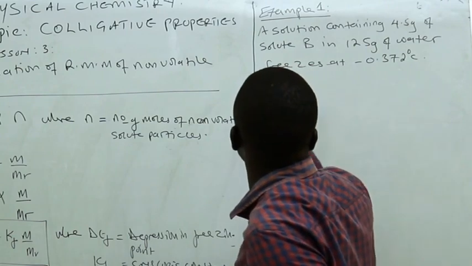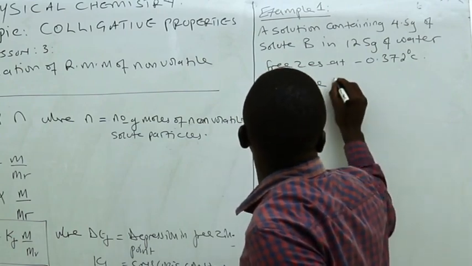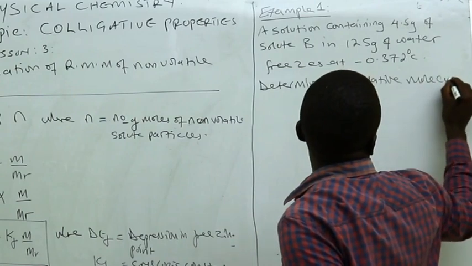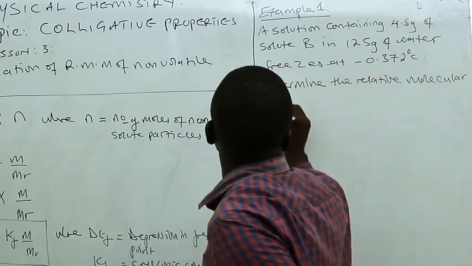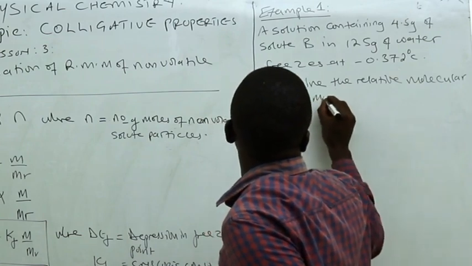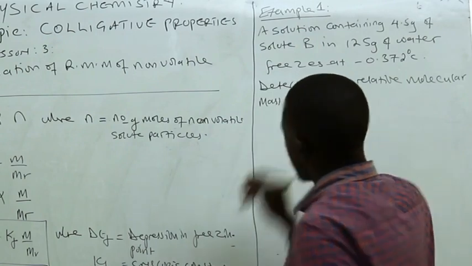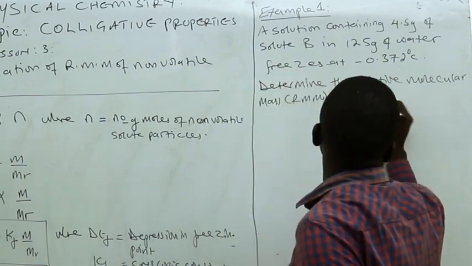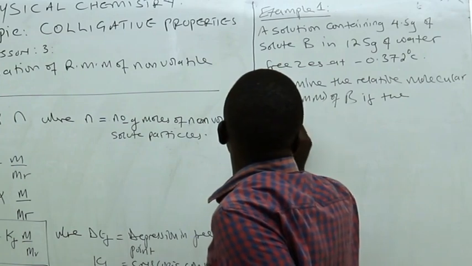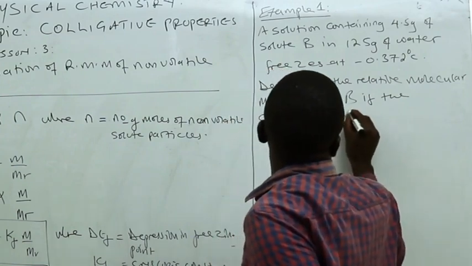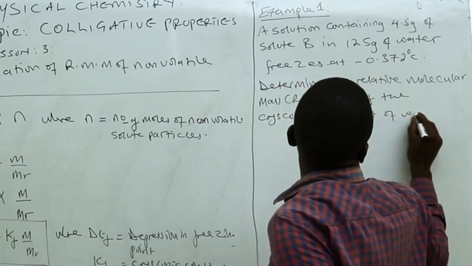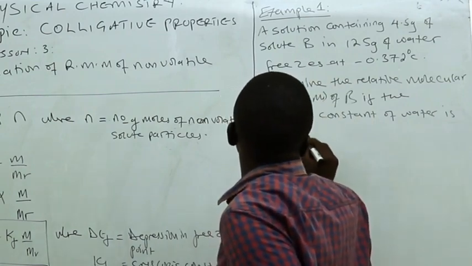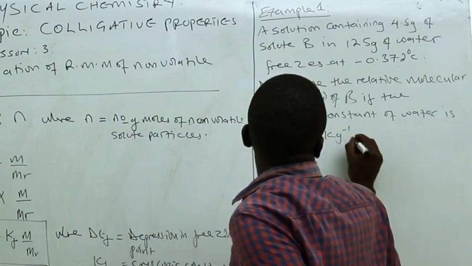Determine the relative molecular mass. This is what we are calling RMM of B, relative molecular mass of B, if the cryoscopic constant of water is 1.86 degrees Celsius per mole per kilogram.